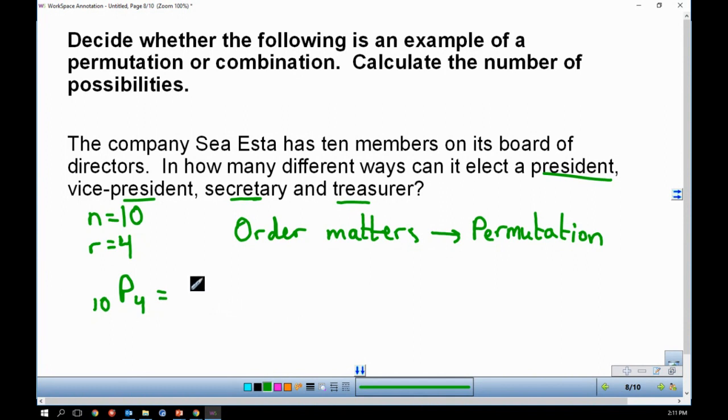So what would the formula look like for a permutation? n factorial on top, divided by n minus r factorial.